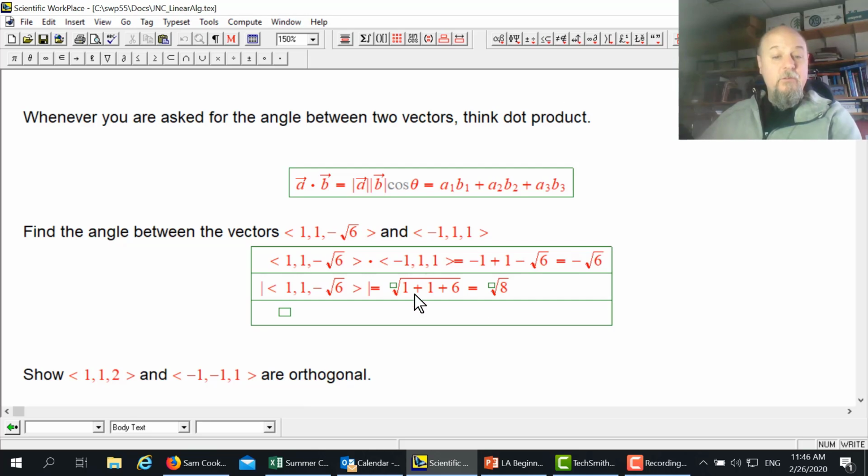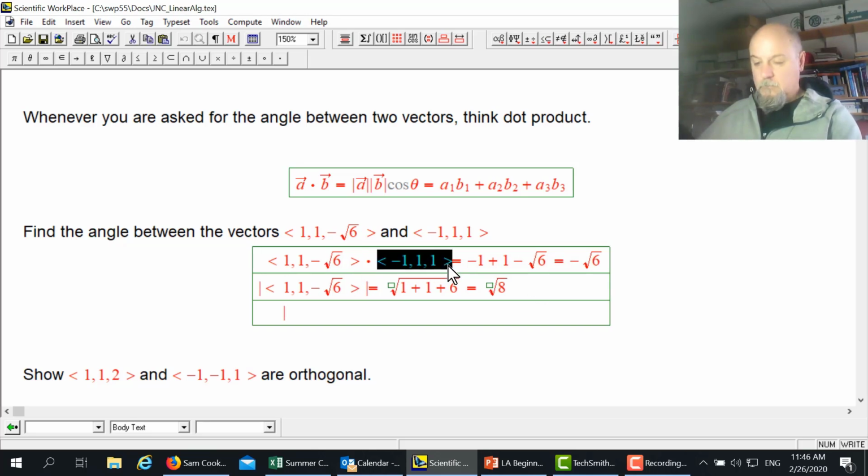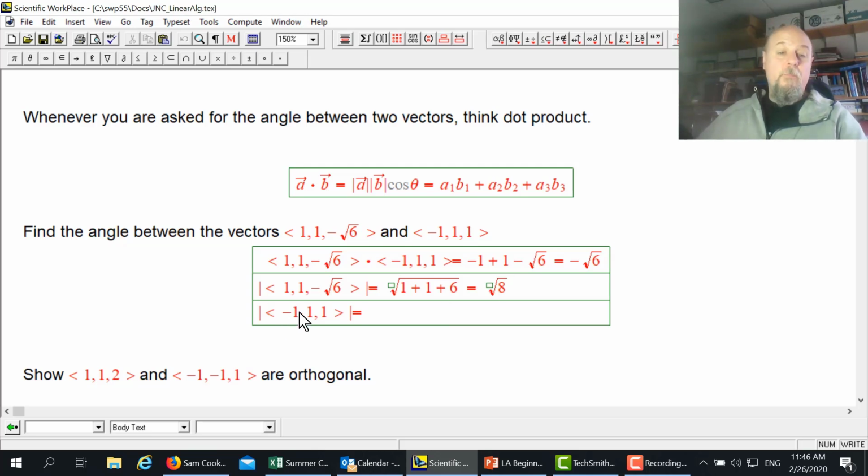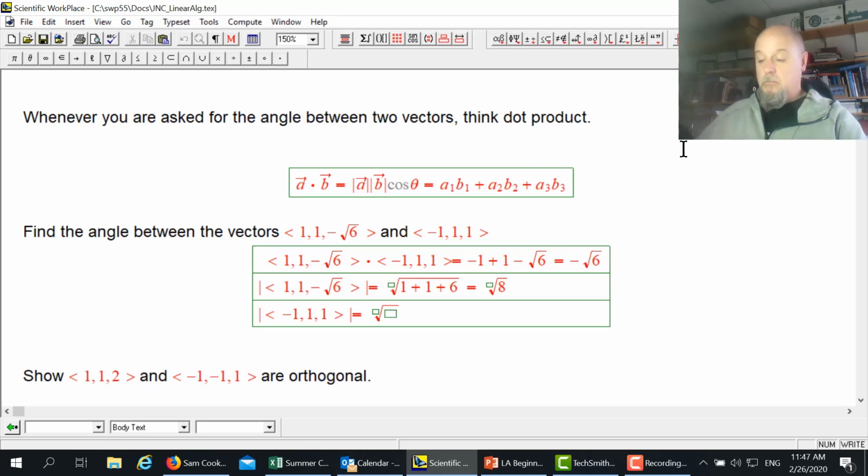Likewise, I need the magnitude of the second vector. Square root of first component squared plus second component squared plus third component squared. This ends up being, and you should check that on your own, root 3.